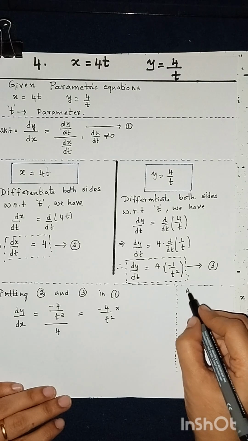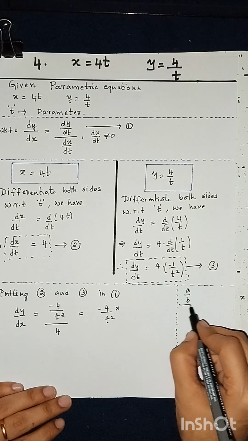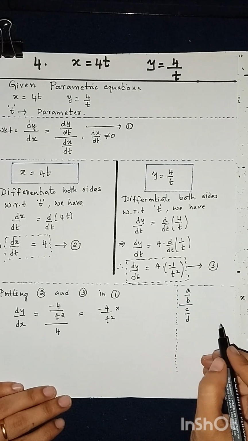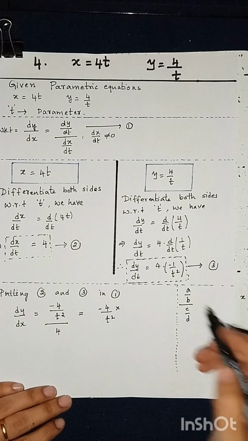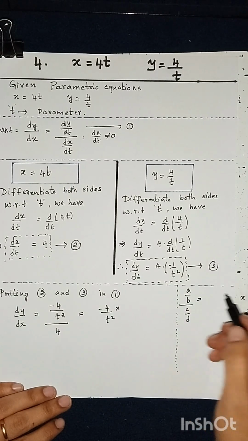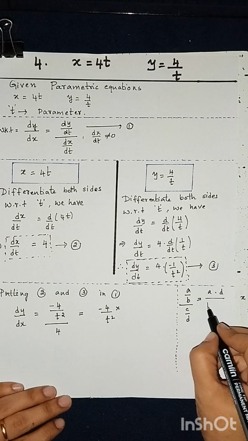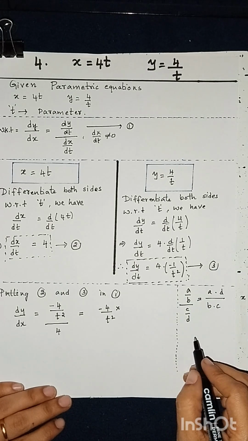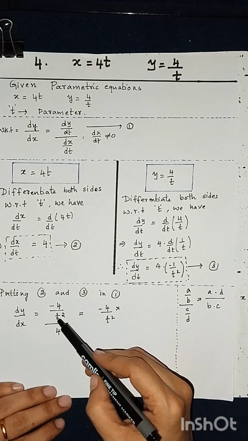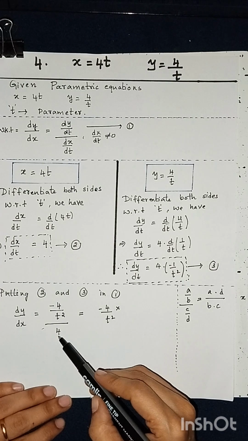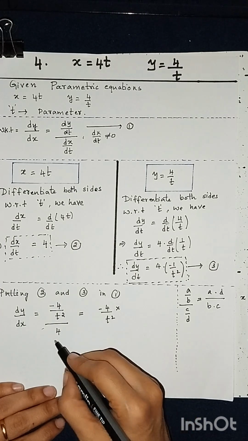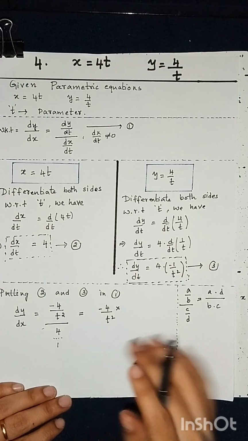See, when you have a complex fraction a by b divided by c by d, so when you have fraction by fraction, how are you going to write it? A into d divided by b into c. Here you have a fraction divided by 4 by 1, because when you don't have anything, it means there is 1.